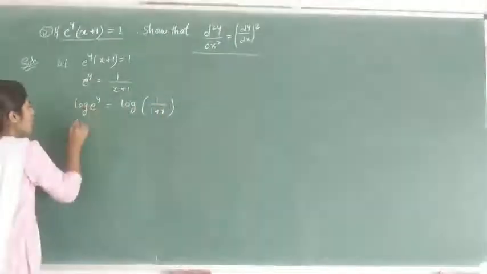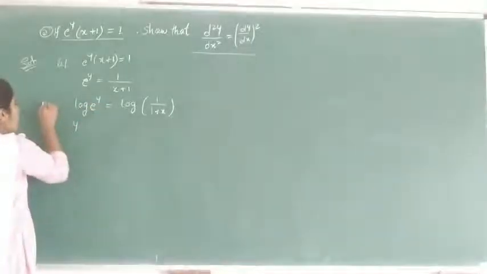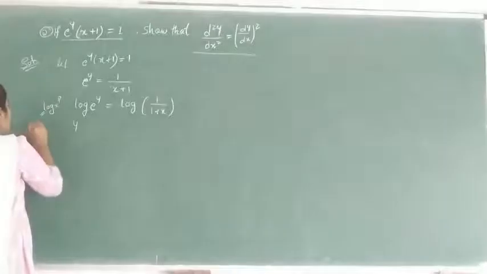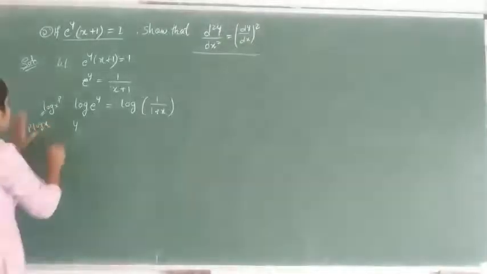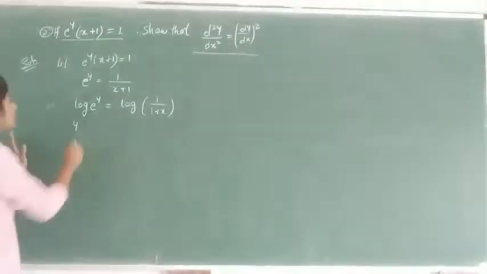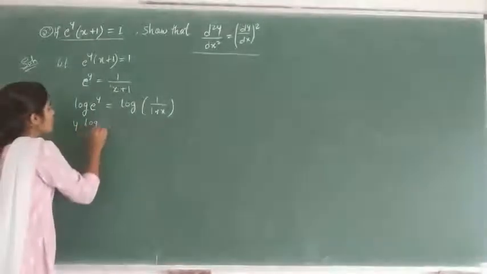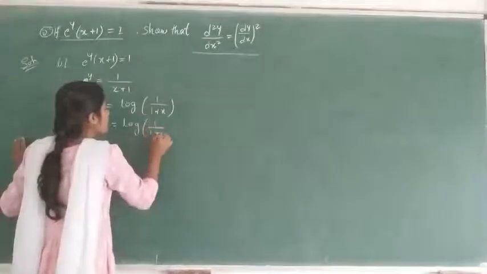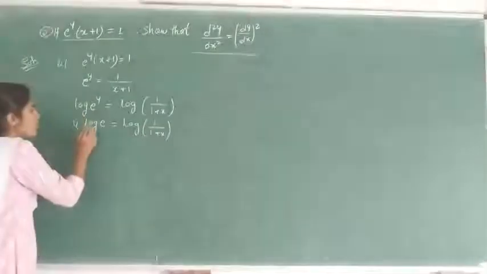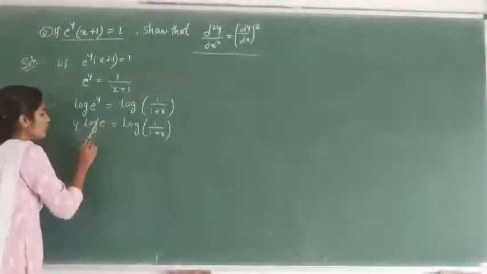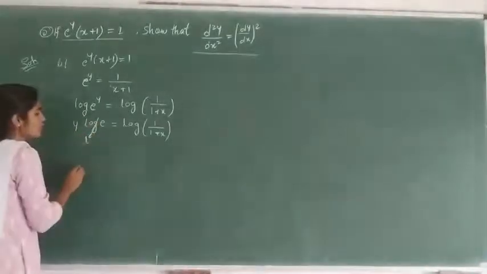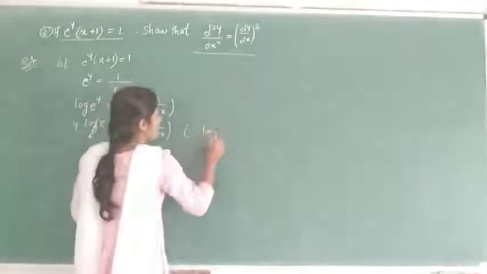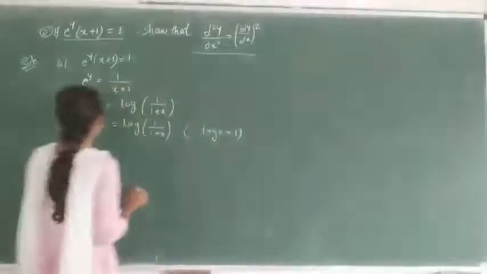Apply the formula: log x power p can be written as p into log x. So what happens? y into log e can be written as log of 1 divided by 1 plus x. Log e is nothing but 1, so write somewhere here log e is equal to 1.